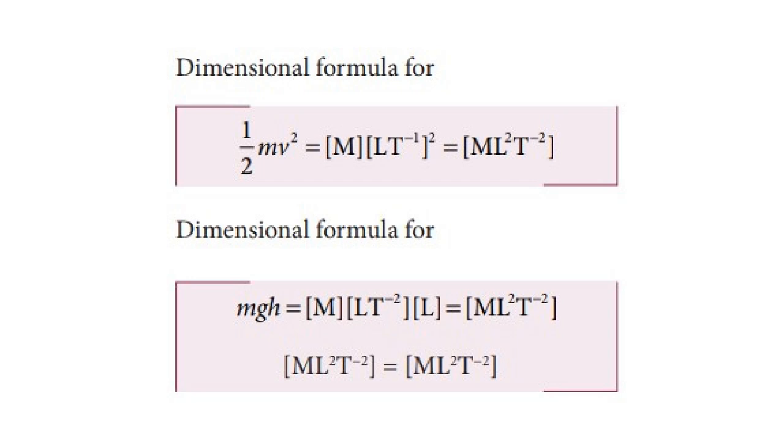Moving on to potential energy, which is mass times gravitational acceleration times height, mass is again M, gravitational acceleration has dimensions of LT⁻², and height is a length, L. Multiplying these together yields the same dimension, ML²T⁻². This shows that both forms of energy have consistent dimensional units, confirming the dimensional correctness of these energy expressions.